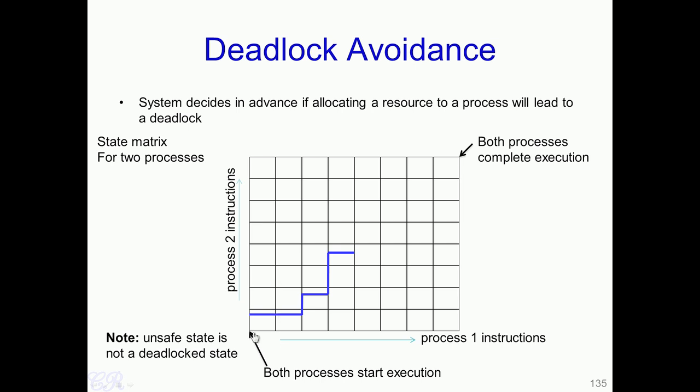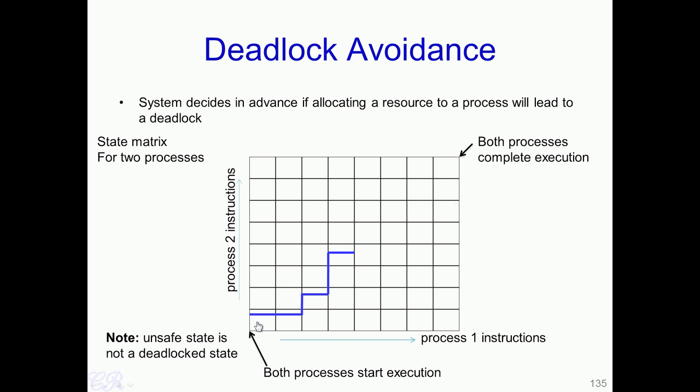On the x axis are the instructions executed by process 1, and the y axis corresponds to the instructions executed by process 2, both with respect to time. Thus, process 1 and process 2 begin to execute from the origin, this point over here, and they complete execution at the other end, the point over here.